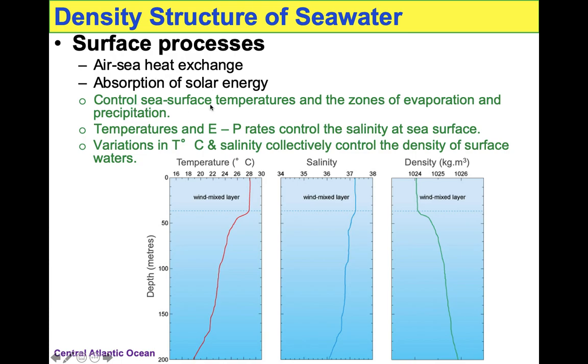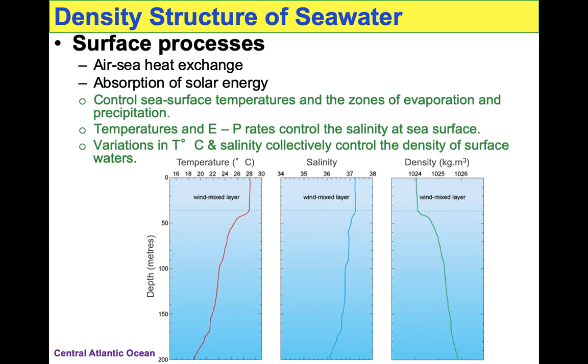The sea surface temperatures are strongly affected by solar radiation, in the sense that in equatorial and tropical regions you have very high rates of solar radiation, and as a result you have high rates of evaporation. But also in tropical regions you have high rates of precipitation. And so the evaporation and precipitation rates and the differences between them really control the salinity at the sea surface.